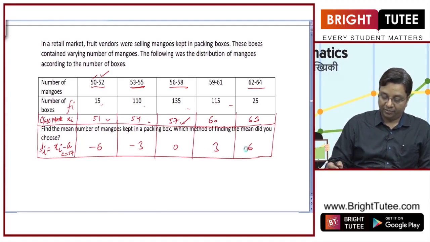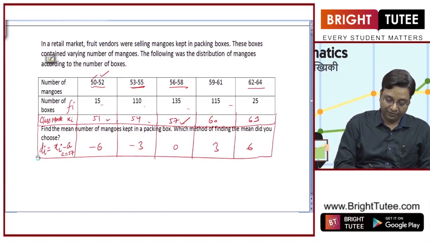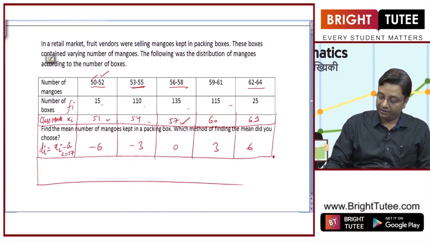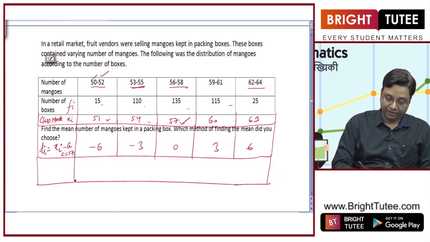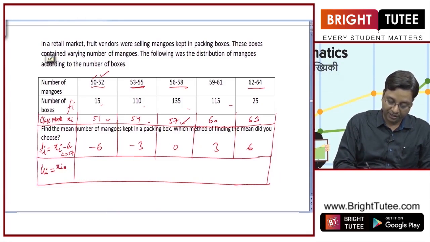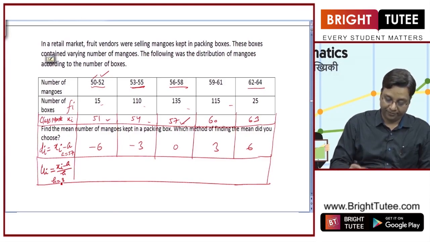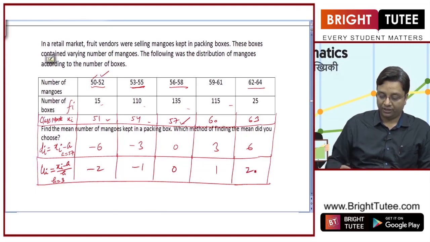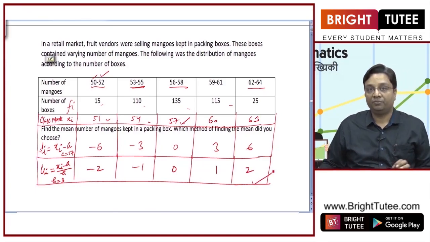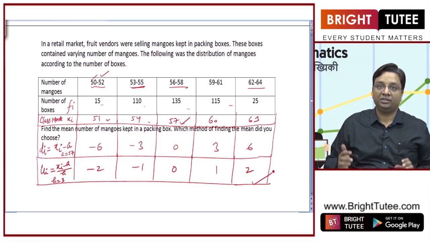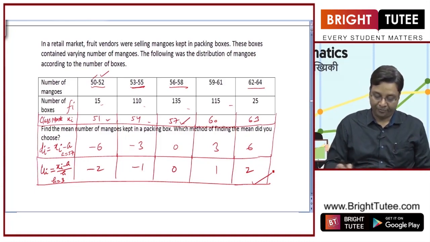Now, this data is pretty simple, but we can further simplify it by dividing this di by, let us say 3 in this case. So, xi minus a by h, we are taking h as 3. So, this will give me minus 2, minus 1, 0, 1, 2. So, these numbers are now pretty simple, right. So, this is the power of step deviation method here.